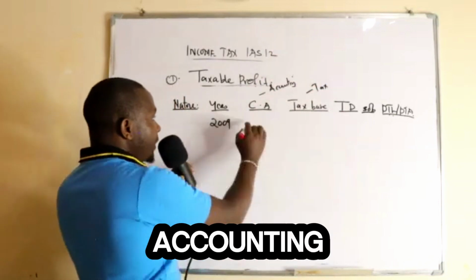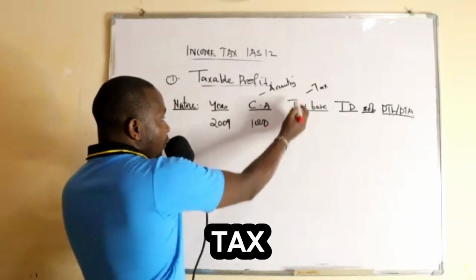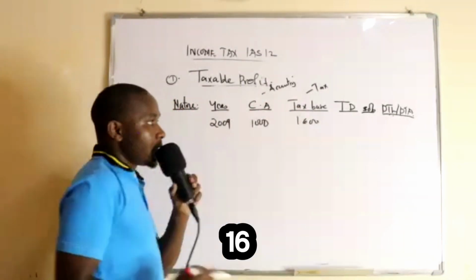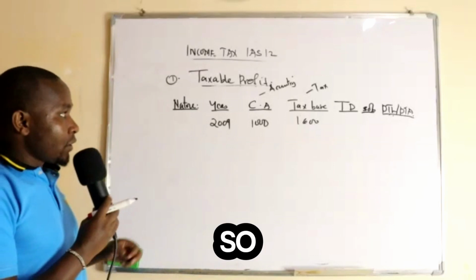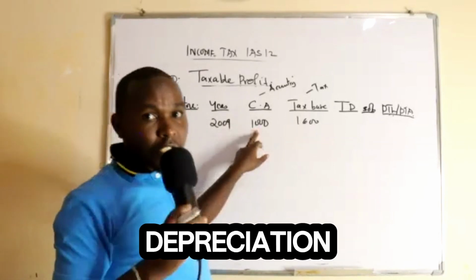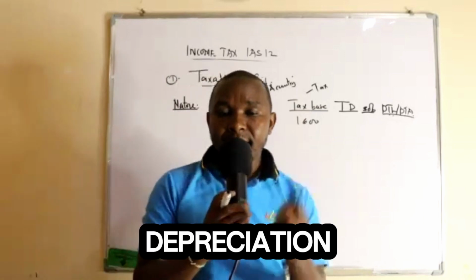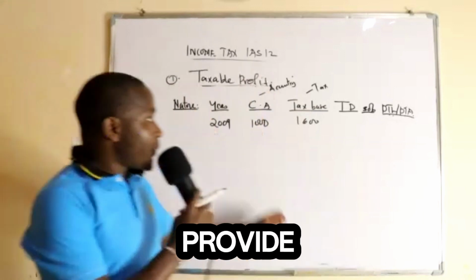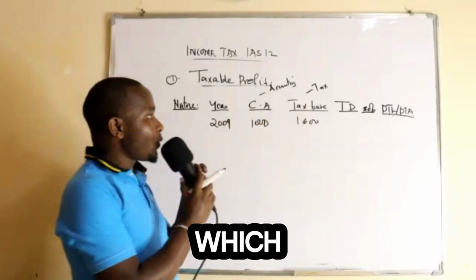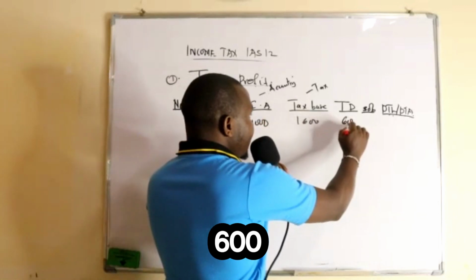So for accounting, they charge 1,000. For tax, for the first year, they charge 1,600. So the accountant has underestimated the depreciation, or they provided the less depreciation. So if you provide the less depreciation, the difference of this minus this is coming to 600.